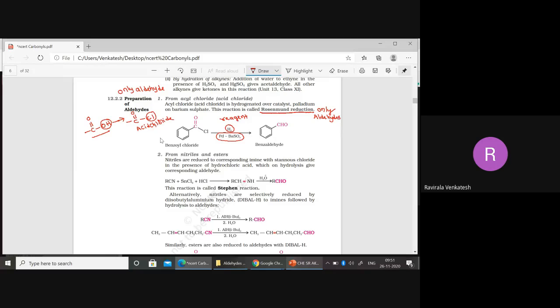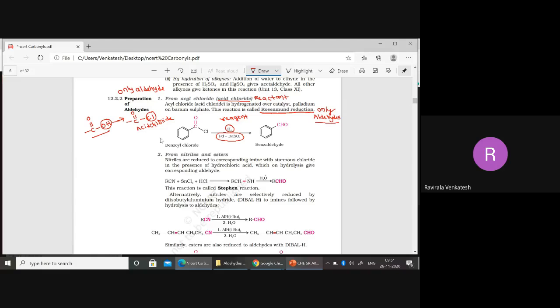Acid chlorides are the reactant. Palladium is the catalyst here, and barium sulfate is the support to the catalyst. Definitely the product will be aldehydes.